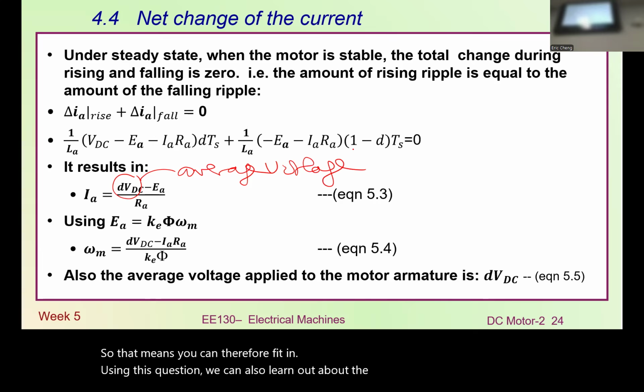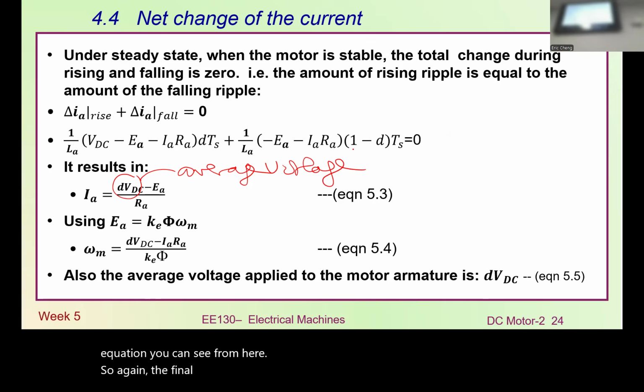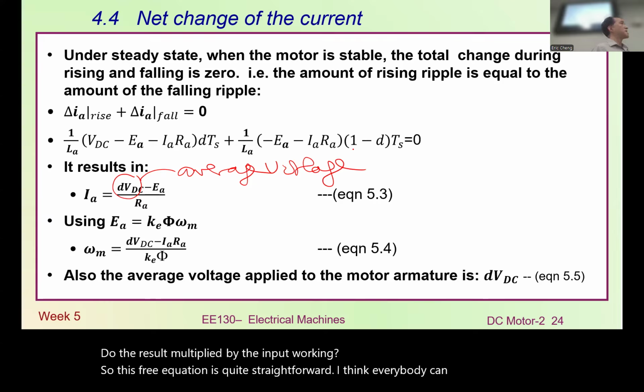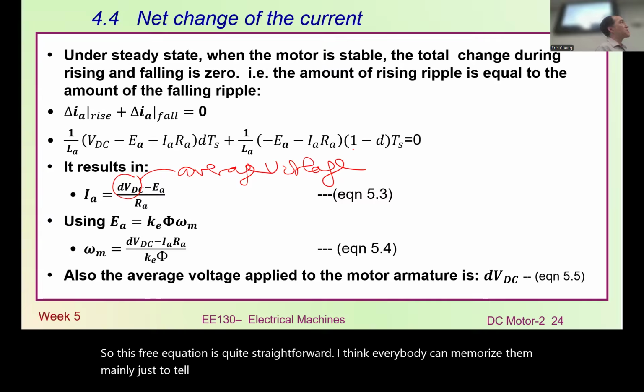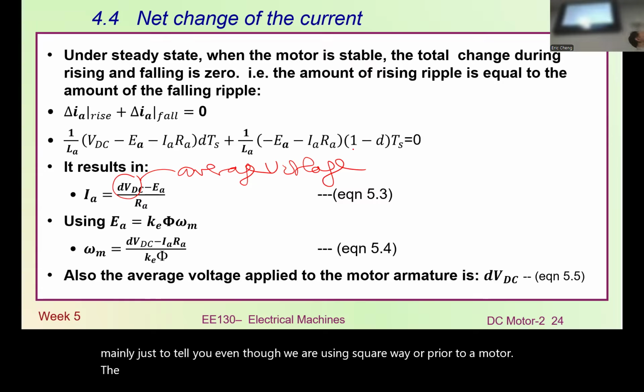So a few basic equations you can see from here. Again, the final equation to ensure is that the average voltage of the armature will be duty ratio multiplied by the input voltage. These three equations are quite straightforward, and I think everybody can memorize them. Mainly I just want to tell you that even though we are applying a square wave to a motor, the equation that comes out is really similar to the previous equation under pure DC voltage.